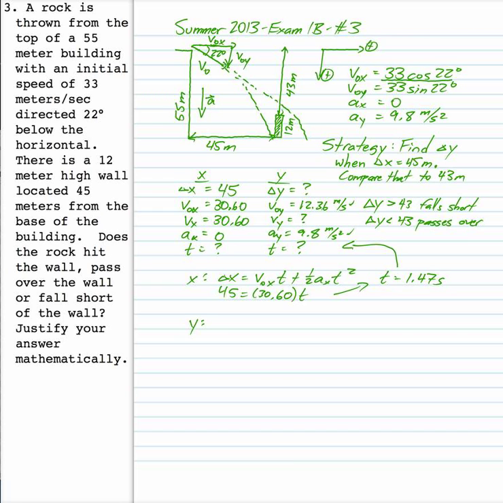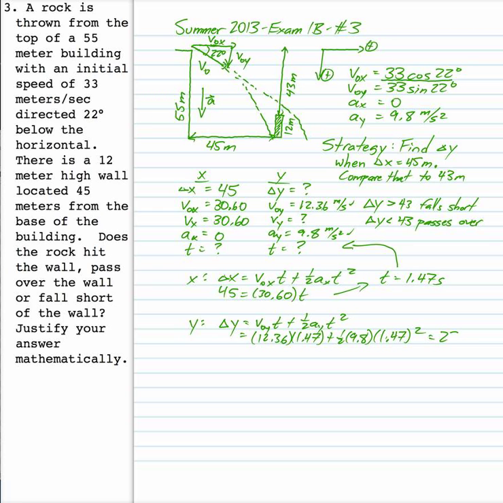Okay, so in the y direction, I need to find delta y. So I'll use the equation that doesn't have final velocity in it. That's delta y is equal to v0y t plus 1/2 ay t squared. So that's 12.36 times 1.47 plus 1/2 times 9.8 times 1.47 squared.